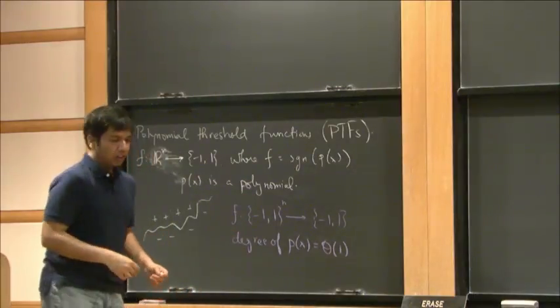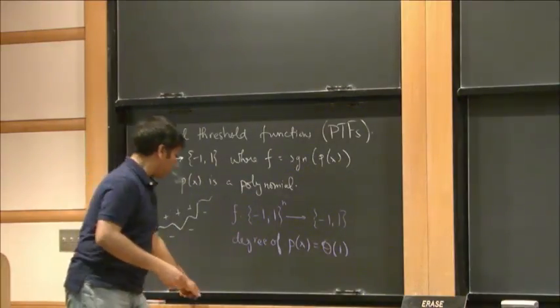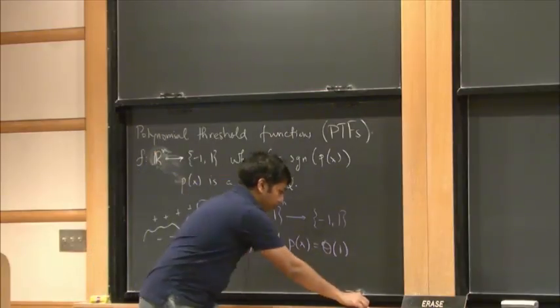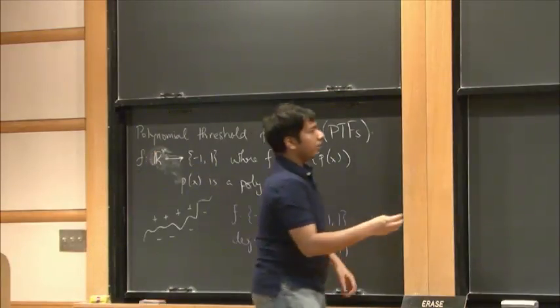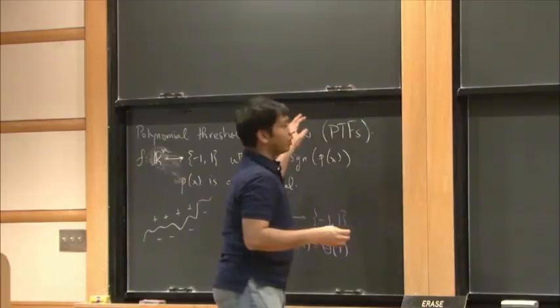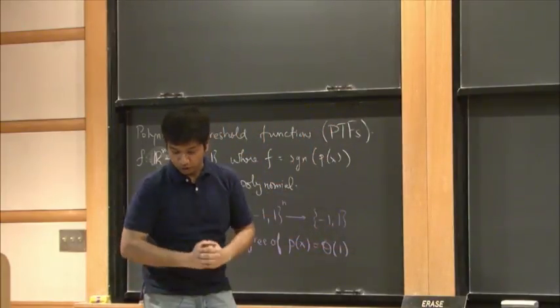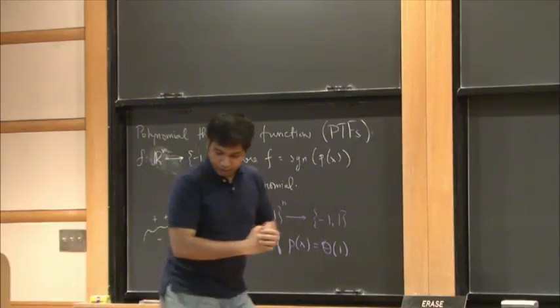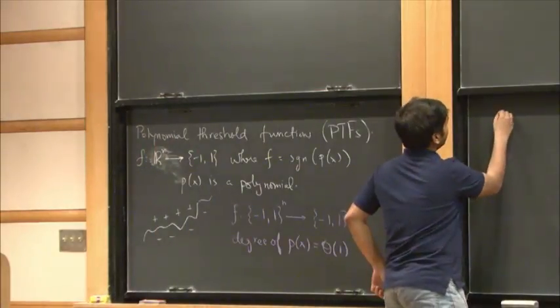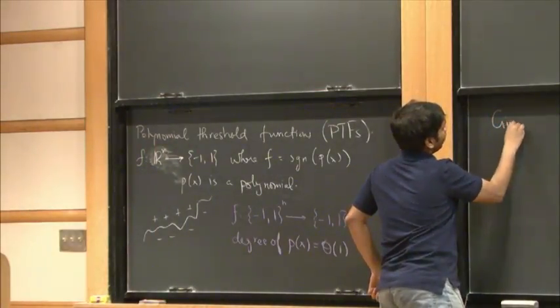Now what's the question we are bothered with? The question we are interested in is deterministic approximate counting for polynomial threshold functions, or derandomization of polynomial threshold functions. In other words, we want to understand the following question.